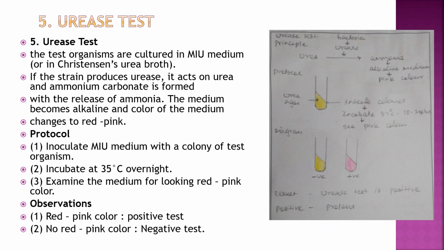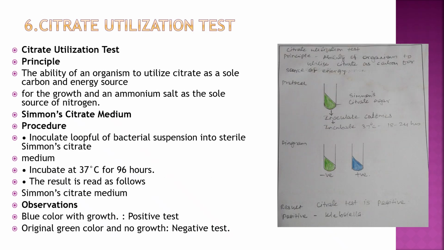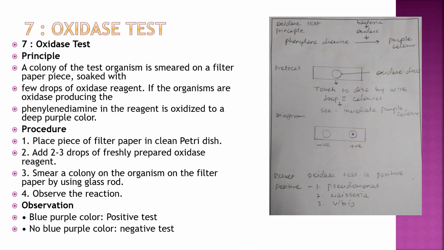In the citrate test, the green slant is converted into dark blue, seen in Klebsiella. The oxidase test shows purple discoloration, seen in Pseudomonas, Neisseria, Vibrio.